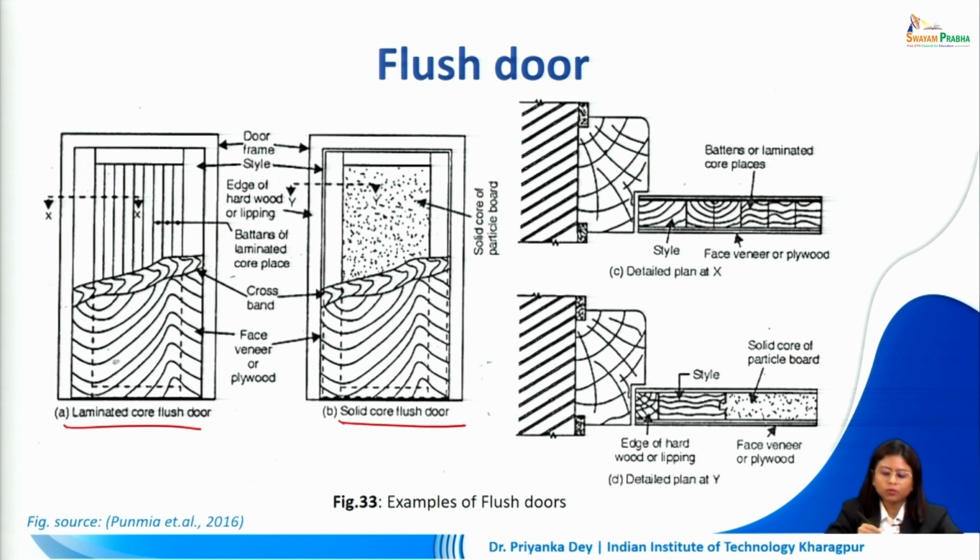One can see how different battens are fixed together in the case of the laminated core, and we can also go for a solid particle board core for the solid core door option. In both cases the type of section will vary. Here we can see the battens, and here we can see the solid core with the face veneer or plywood at the outer surface.